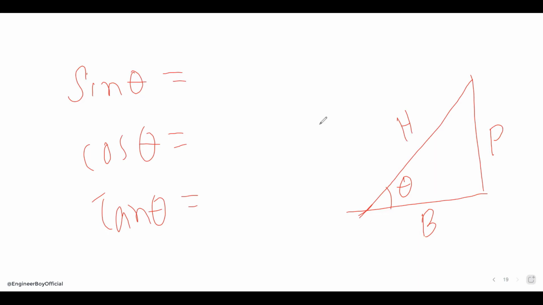So sine is the perpendicular by hypotenuse, P by H. Cos is the base by hypotenuse, B by H, and tangent is the ratio of perpendicular by base. Everybody should know about these ratios in order to be a good quantity surveyor.